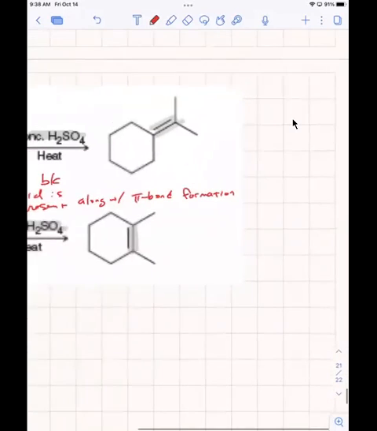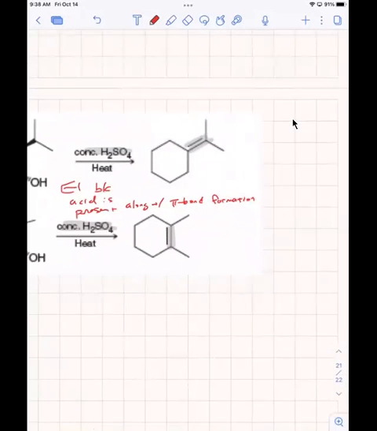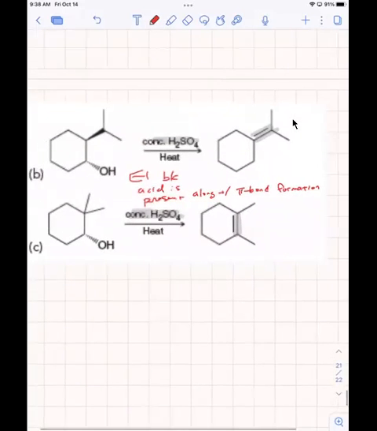Along with that, the fact that you have a pi bond in the product and acid is present, the pi bond is indicative of elimination. The acid tells you that it's E1 and not E2. E2 has to have a strong base present, so hydroxide, tert-butoxide, DBU, something like that. And in the elimination video, if I'm not mistaken, there's a table, a list of bases.